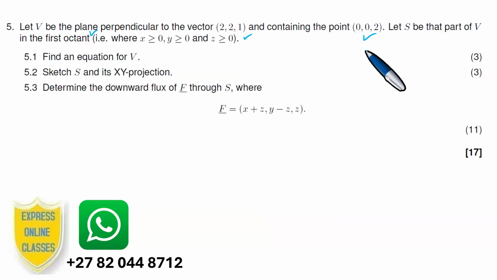Let S be that part of V in the first octant, that is where x is greater or equal to 0, y is greater or equal to 0, and z is greater or equal to 0. Find an equation for V.